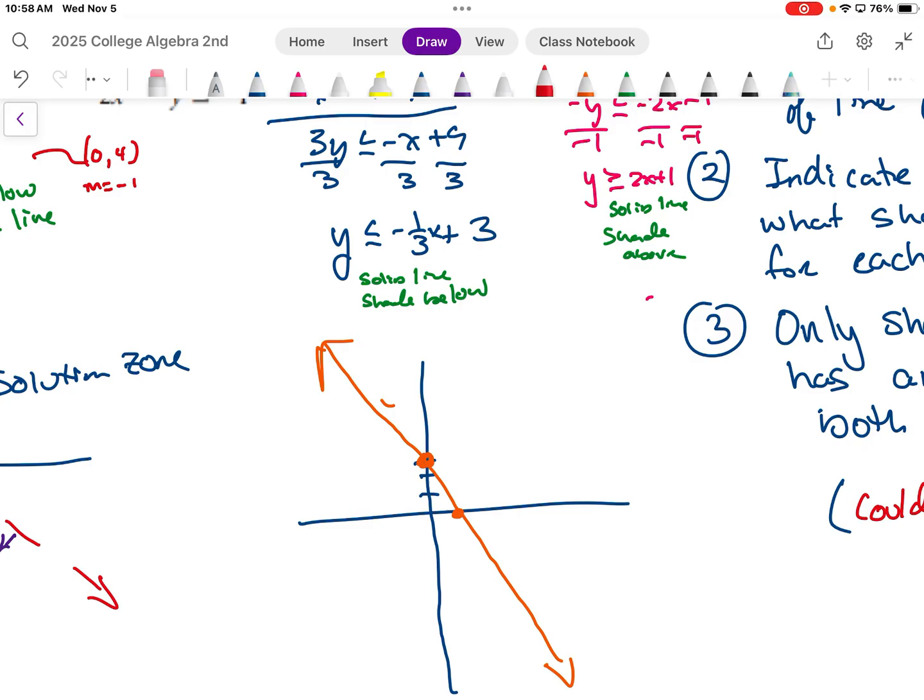Shade below that line. So there's shading below the first line. The second line, start at the 0, 1, slope of 2. Again, solid line. And this one was shade above.